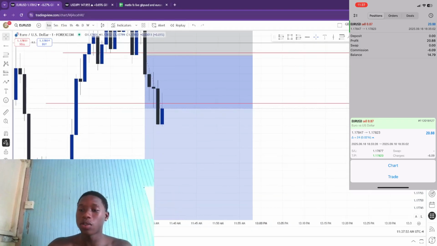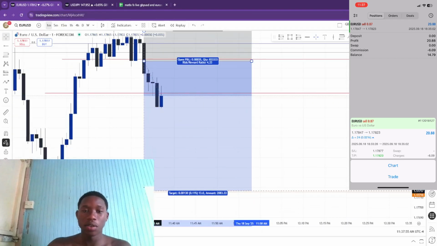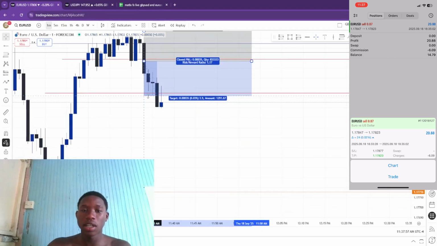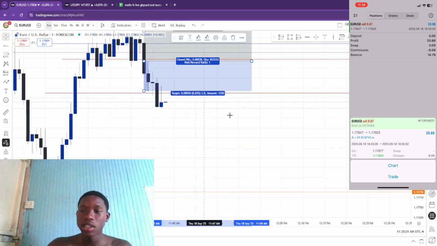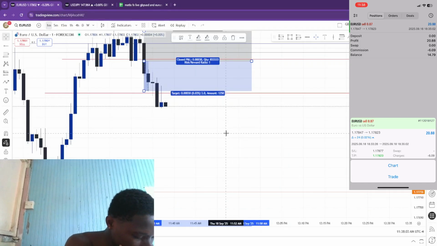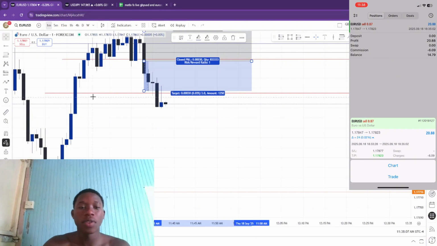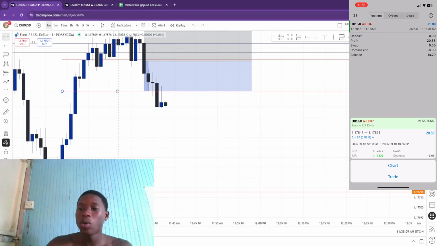That's where our stop loss was, right? So the risk to reward was like... take profit was supposed to be 1.17823. That's where we took our profit.